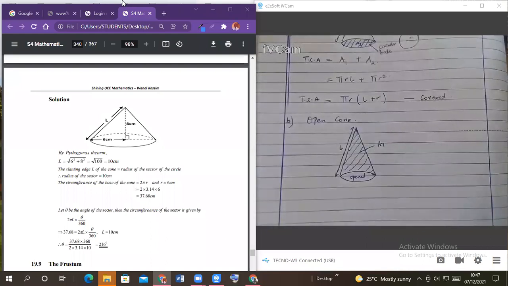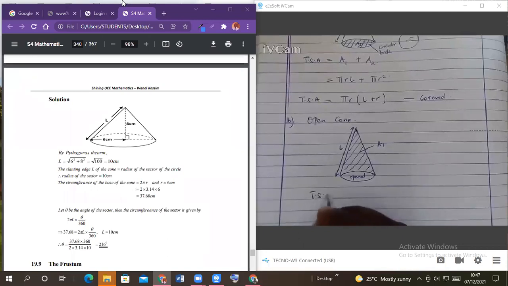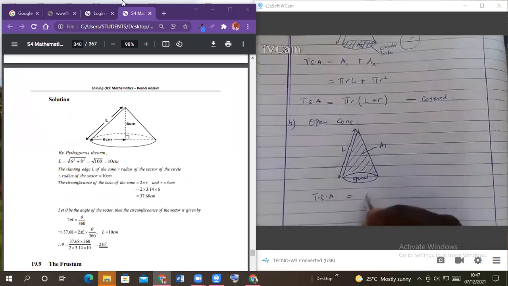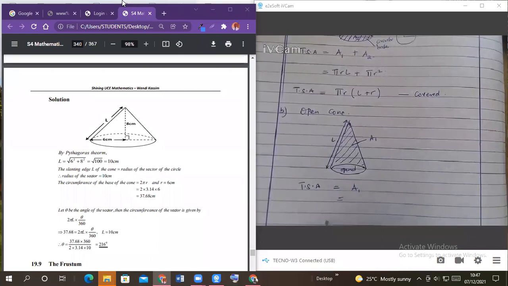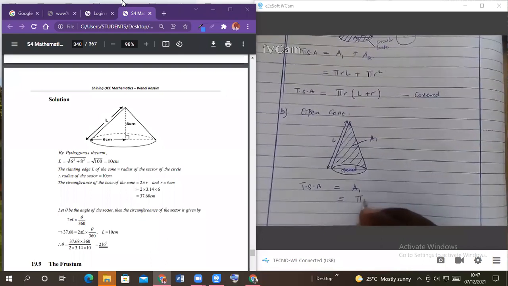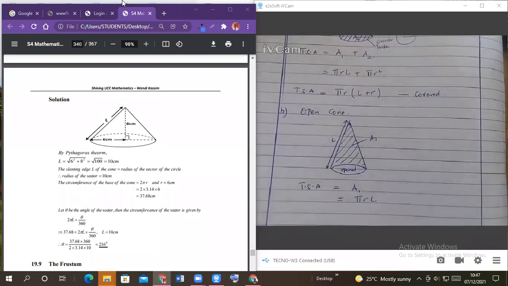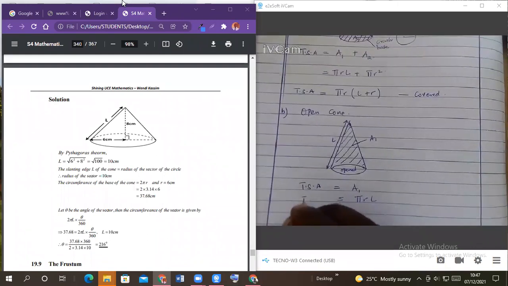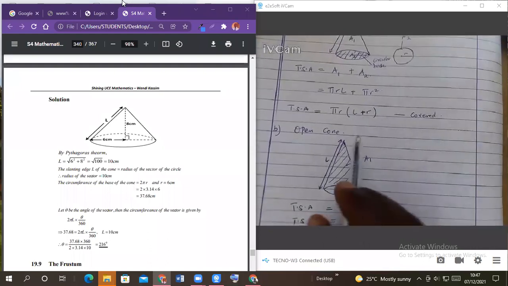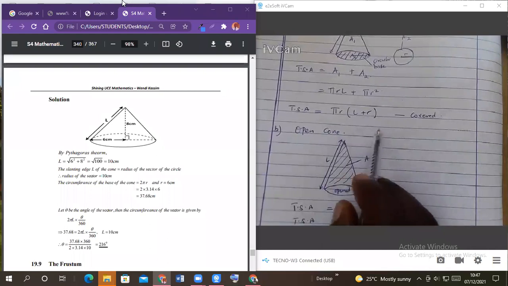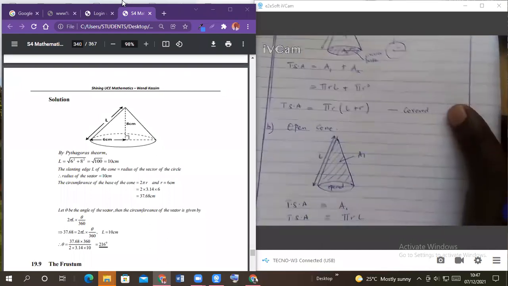So the total surface area of that cone is equal to the area A1, and A1 is the area of the curved surface, which is given by pi r L. That gives us the total surface area of an open cone, whereas this is the total surface area of a covered cone.